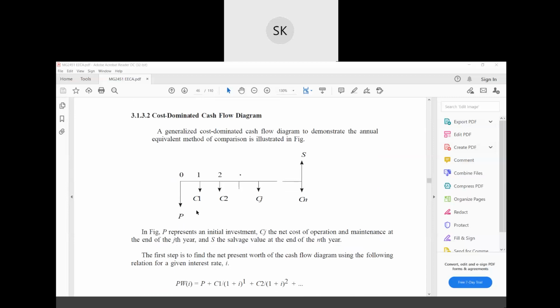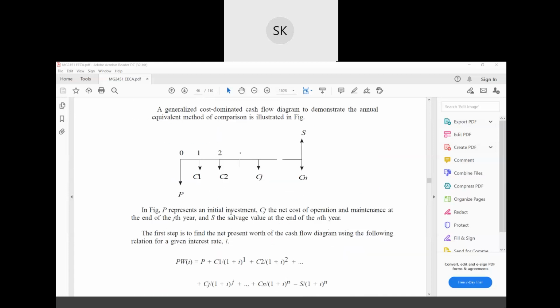Then the cost dominated cash flow diagram. Here cost is dominant and we know cost is the outflow, it is going out. So that's why these are in the downward direction. Only the salvage, if we resell it, we will get money, so there will be a profit. That's why it is upward. The rest, the investment and all the cost, is downward.